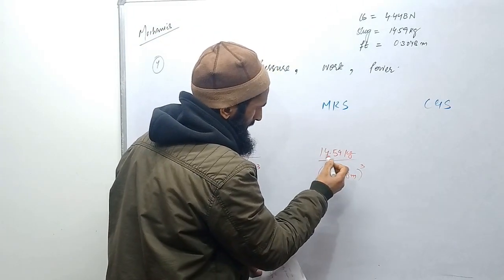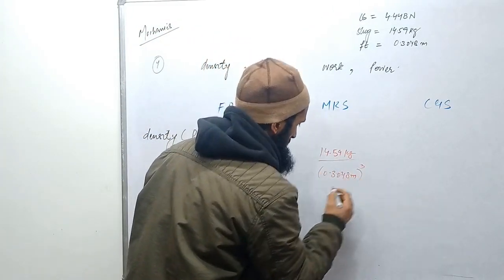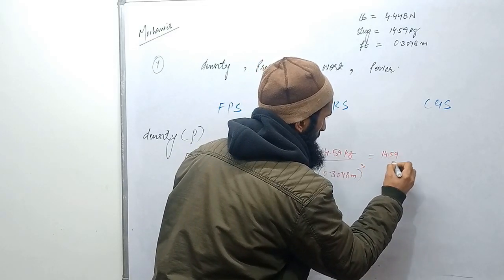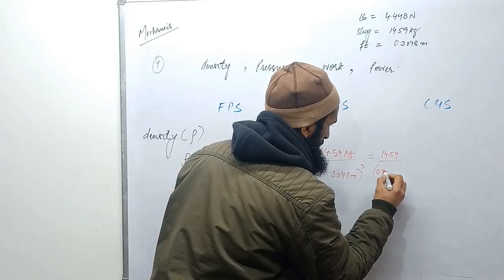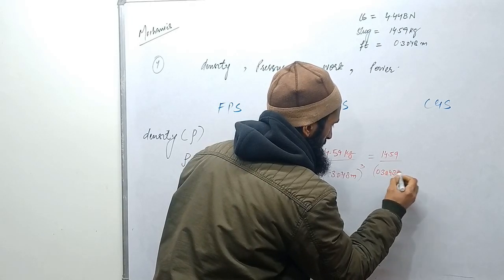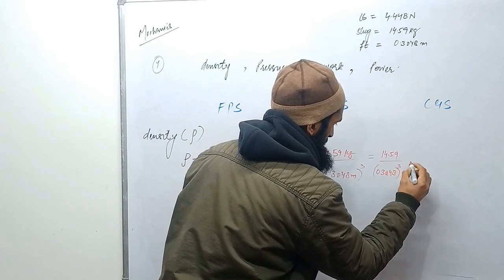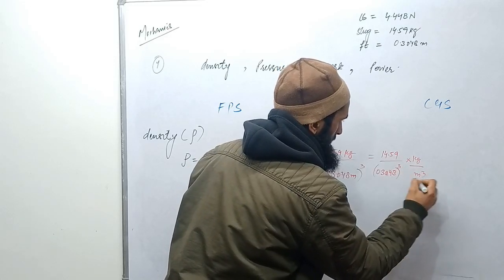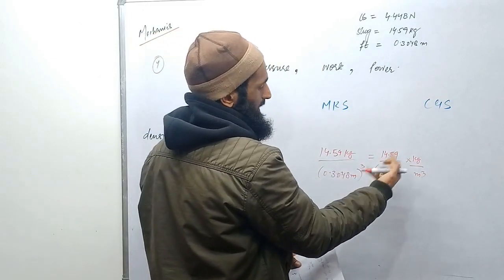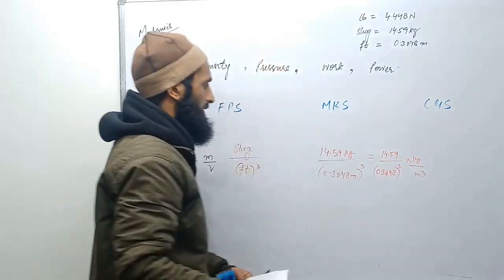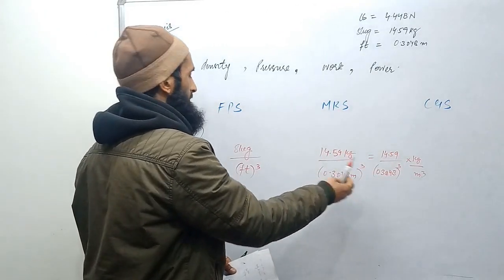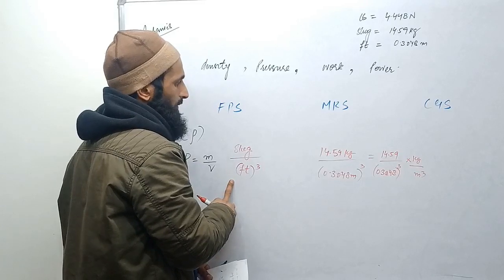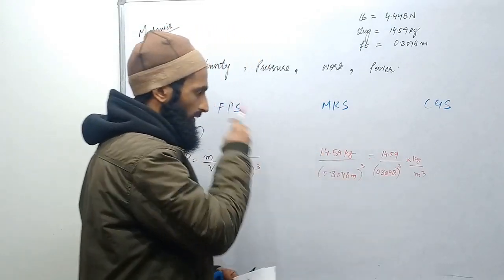After calculating this, we can simplify it as 14.59 divided by 0.3048 cube kilogram per meter cube, say x kilogram per meter cube. This is the unit of density, the conversion of slug per foot cube into meter kilogram second system.